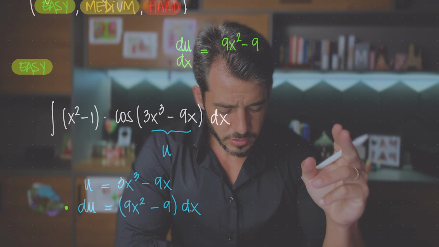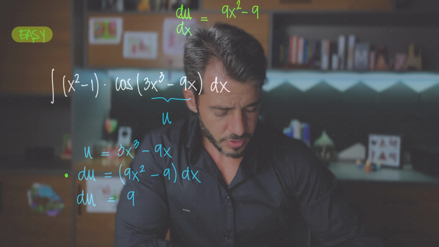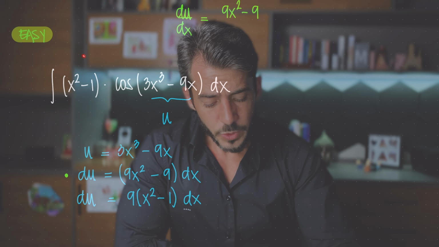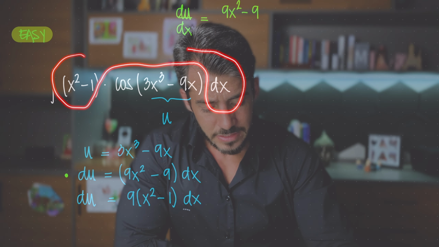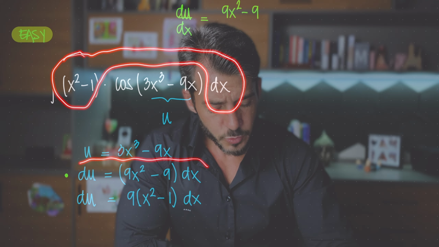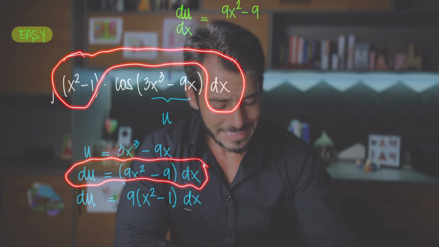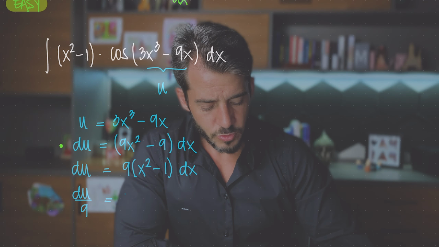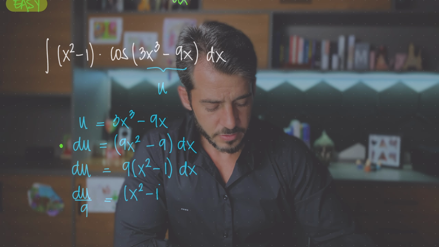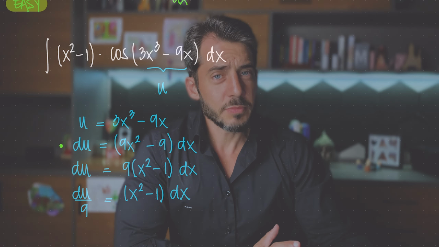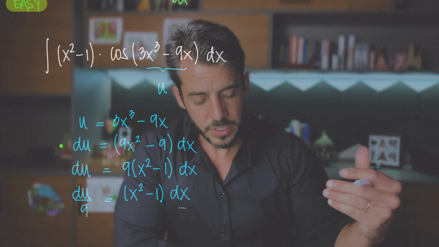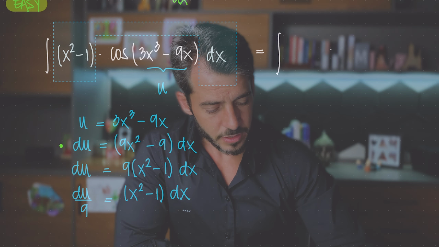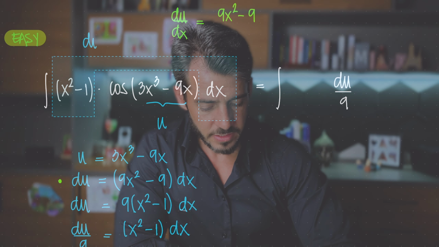But the key thing to do here is to factor out a 9 from the right hand side, which shows us we didn't get (x squared minus 1) dx as we wanted, but we got (9x squared minus 9) dx, which is fine. This is 9 times (x squared minus 1) dx, which means that du over 9 is our (x squared minus 1) dx, which makes us able to replace (x squared minus 1) dx by du over 9. So on the next step, our integral becomes du over 9, which is this guy over here.